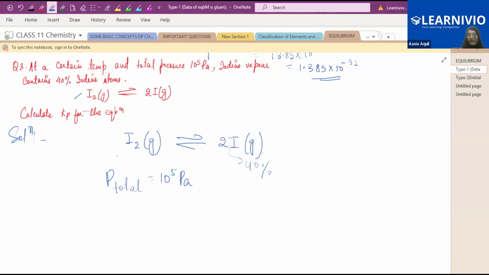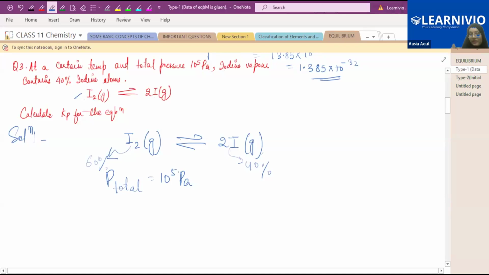It means that 40% iodine atoms are formed, and 100% total is present. So in the 100%, 40% is iodine atoms. The remaining will be the iodine molecules, right? So 60% will be I2.